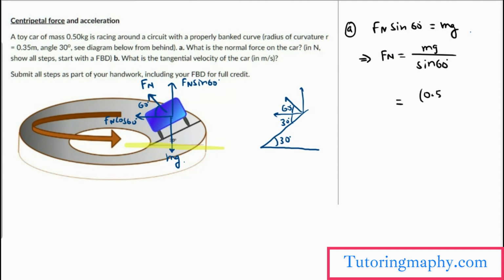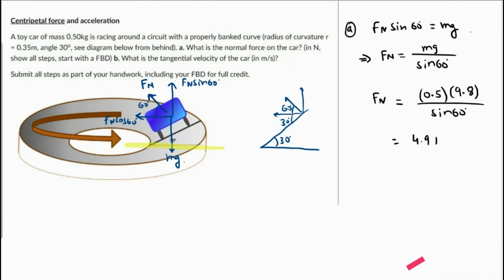Mass is 0.5, gravity is 9.8, and let's keep it sine 60. That's where the calculator comes in. 0.5 times 9.8 over sine 60 comes out as 4.9. 4.9 newtons. That is the required normal force, which is needed in part A.